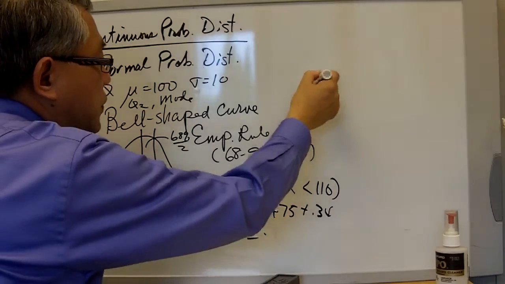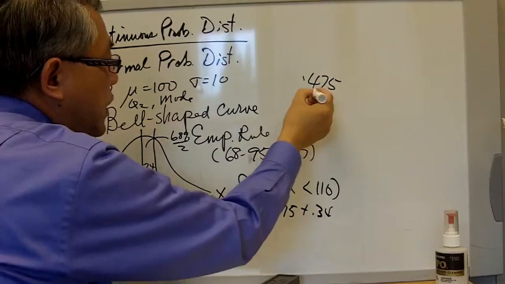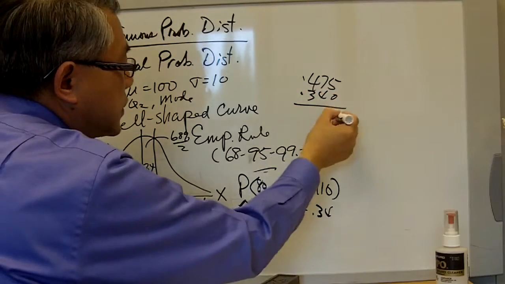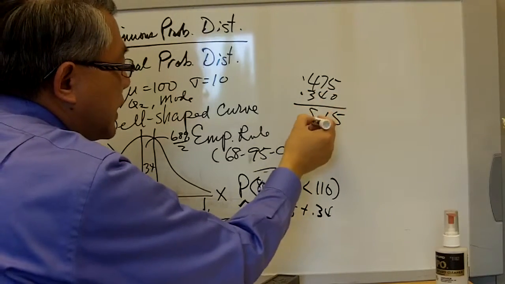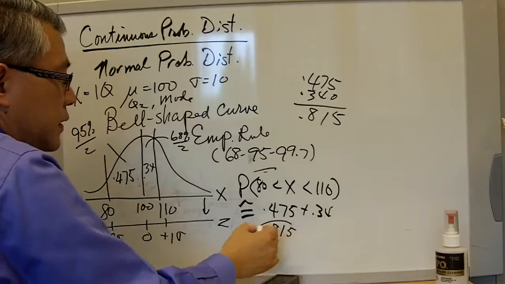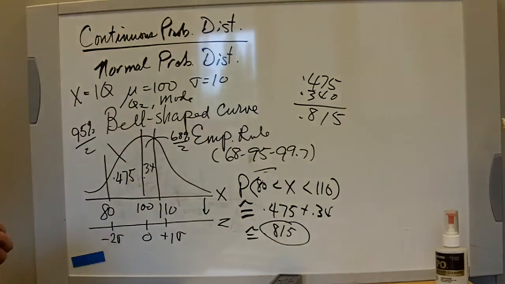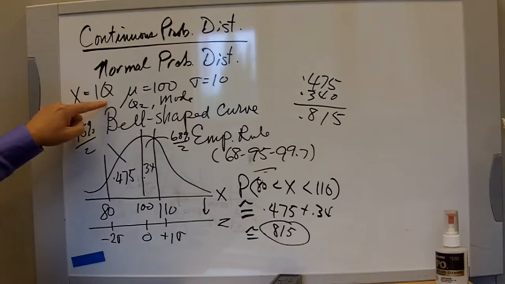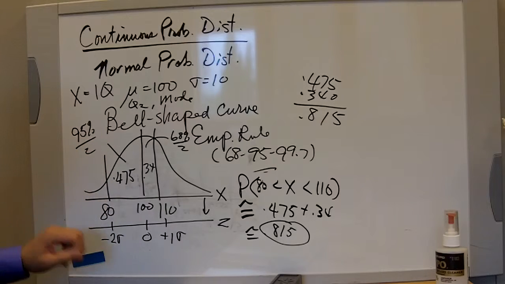So 0.475 and 0.340 gives 0.815. So to answer the question, how often would you find people with an IQ score between 80 and 110, based on the mean and sigma that we have, and knowing that it's a bell-shaped curve, the answer should be about 81.5%.